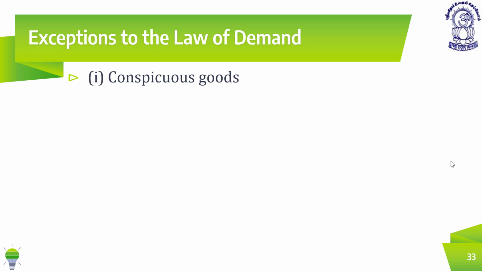The first point is conspicuous goods. So, what is conspicuous goods? Students, they are article of distinction.